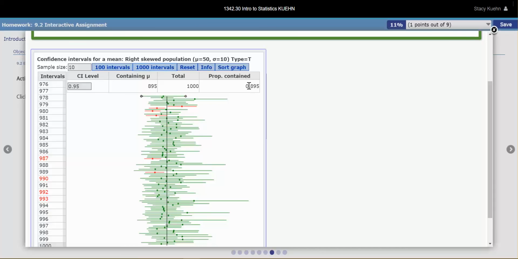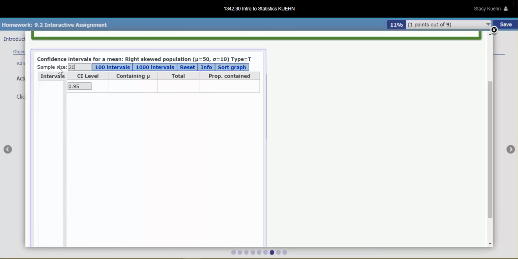I am a little bit closer here at 0.895, just a smidge closer, but the proportion of my intervals that do not contain my mean is still greater than what we wanted.